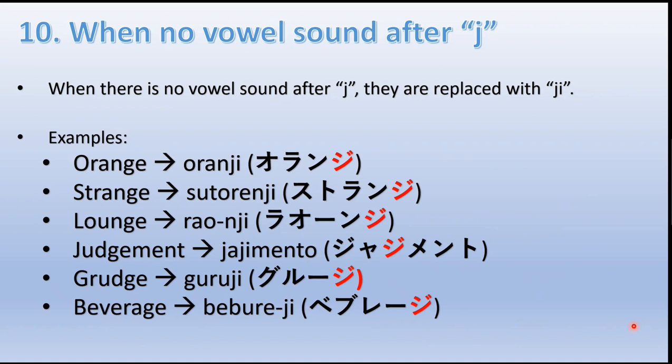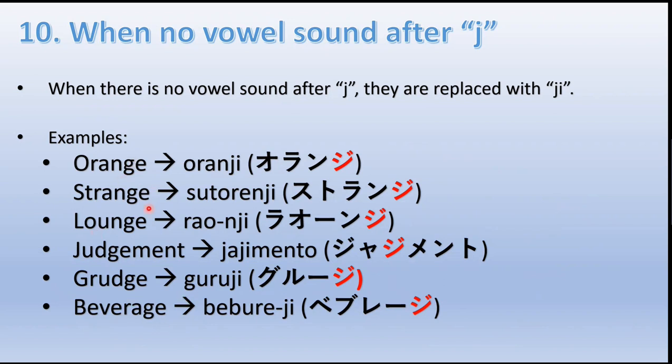Examples: orange will be orangi, strange, sutorenji, lounge, rounji, judgment, judgmento, grudge, guruji. Beverage will be bebureji. In each of these words there is a j sound.